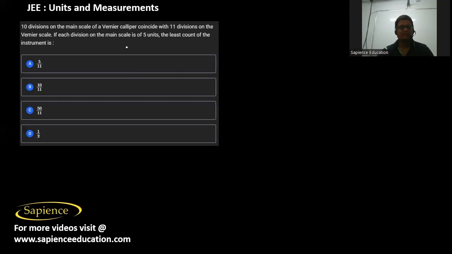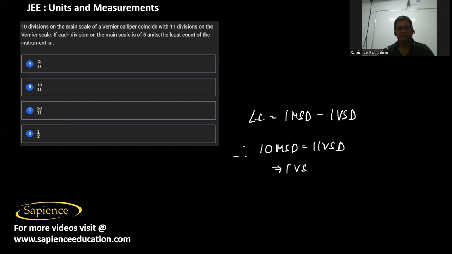Here it is told 10 divisions on the main scale of a vernier caliper coincide with 11 divisions on the vernier scale. If each division on the main scale is of 5 units, the least count of the instrument is. So the least count, as you know, is equal to 1 main scale division minus 1 vernier scale division. Here 10 main scale divisions equal 11 vernier scale divisions.